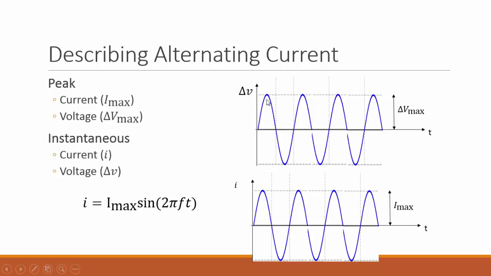Frequency is just how many times per second it hits a peak. So if the peaks came twice per second, the frequency would be 2 hertz, hertz being 1 over a second. If it reached a peak 3 times per second, it would be 3 hertz, and so on.